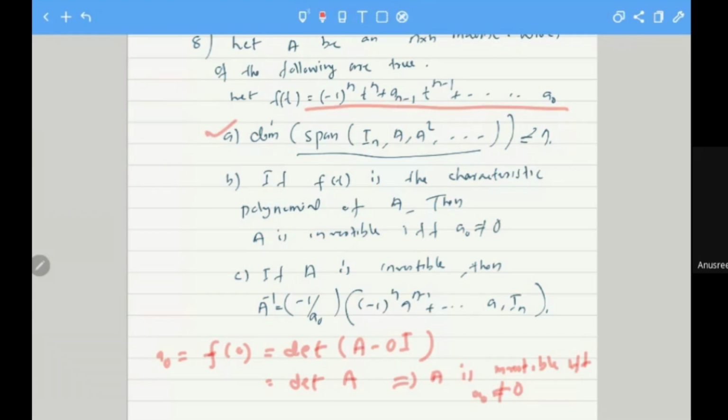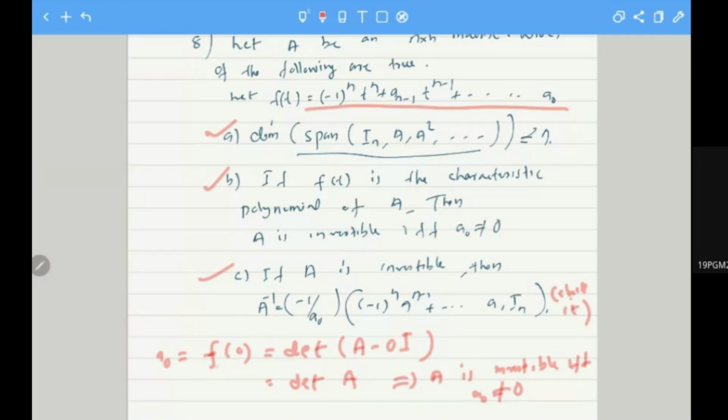Is that clear? Yes, sir. So the second option is also true. Sir, how do we write f of 0 as the determinant of A minus 0 times I? f is the characteristic polynomial, right?